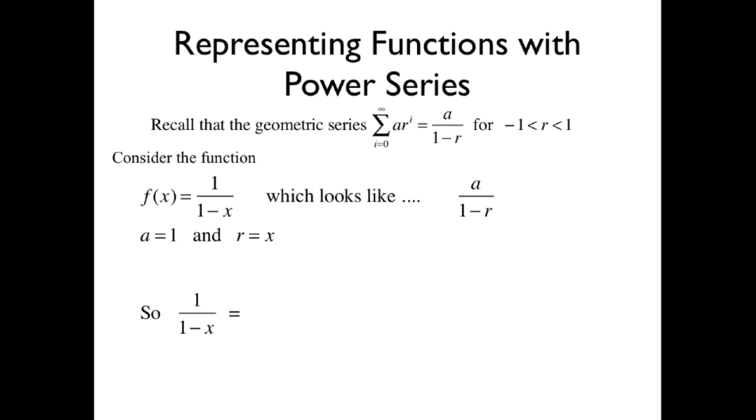Okay, where's Melissa? Melissa M., did you get the summation notation? A is 1 and r is x. So if it's 1 over 1 minus x, that equals this, right?